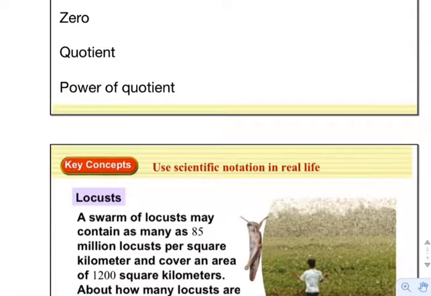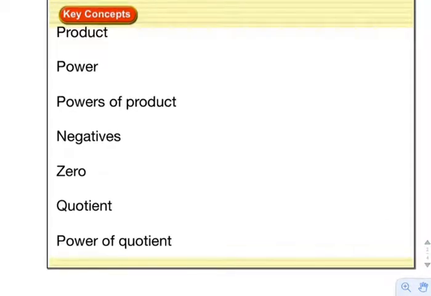So, for the product rule, what that basically says, if you have a number raised to the power and you multiply it by that same number raised to a different power, you're going to get that number with a power of the first plus the second. So 2 to the 4th times 2 to the 3rd would be 2 to the 7th.